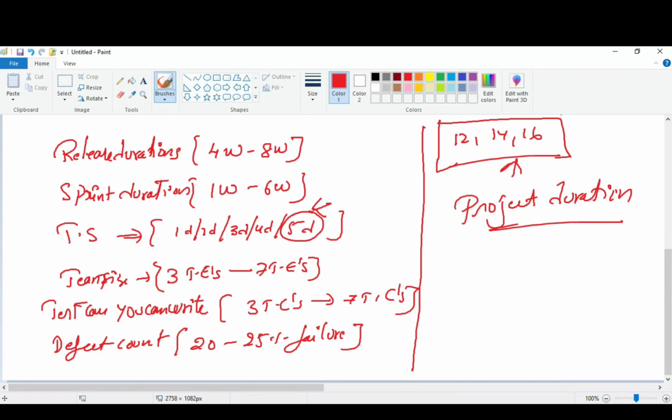Test cycle. Project duration, after all, 12 months, 14 months, or 16 months. Take any one of these numbers. Don't take anything less or more than that.